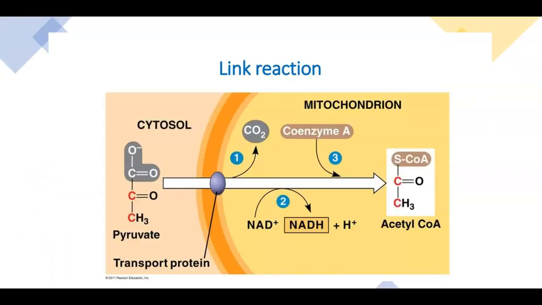Now we're going to go forward, and we see the pyruvate again, and the pyruvate is going to get transported into the mitochondrion. So immediately what happens in this reaction that you see here, kind of spread out, is that we're going to lose a carbon dioxide. And if you look over here, that's been highlighted. We're going to generate another NADH.